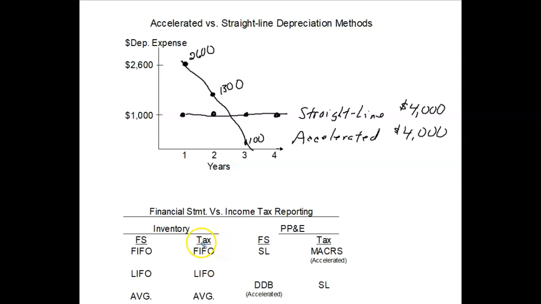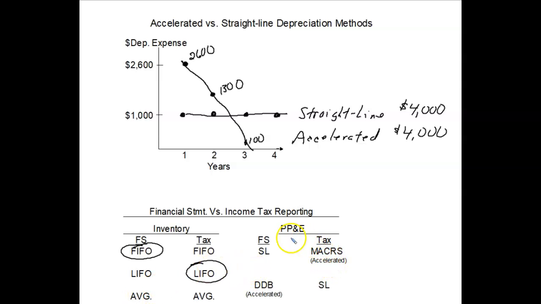For tax reporting to the IRS, I also have the same choices. I can choose FIFO, LIFO, or weighted average. We really didn't talk too much about financial statement reporting and tax reporting, except we can use different methods, right? I can use FIFO for the financial statements and maybe LIFO over here.